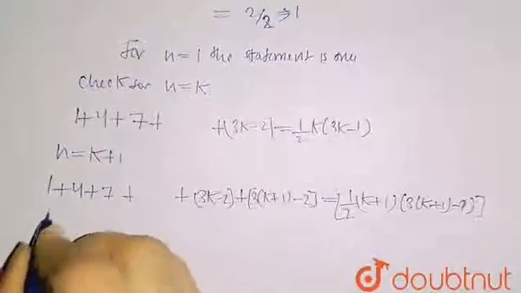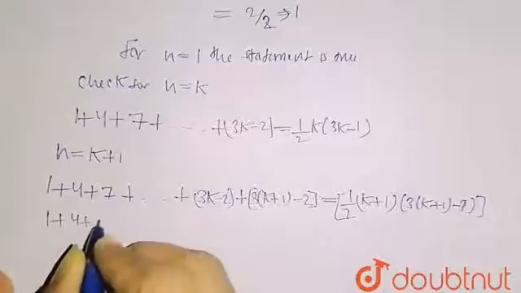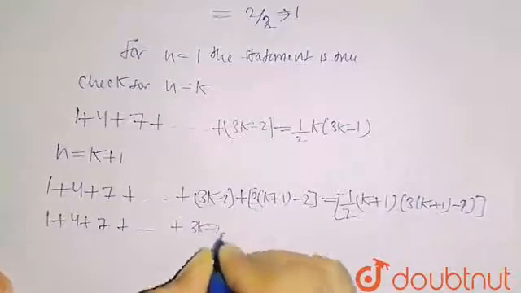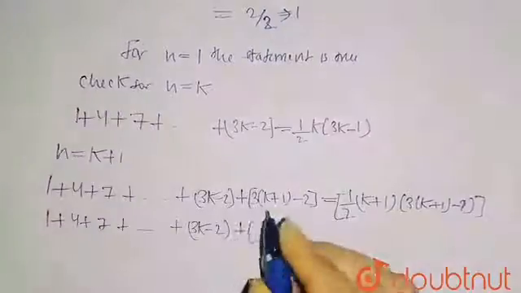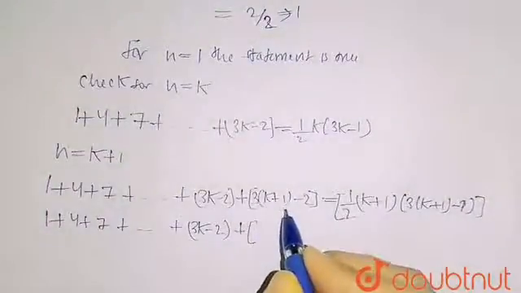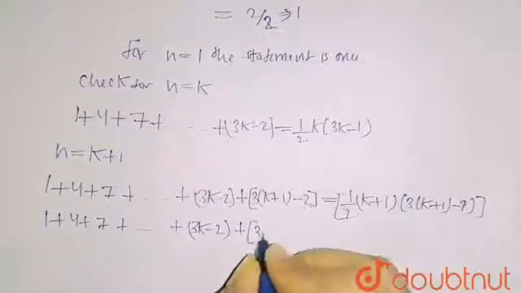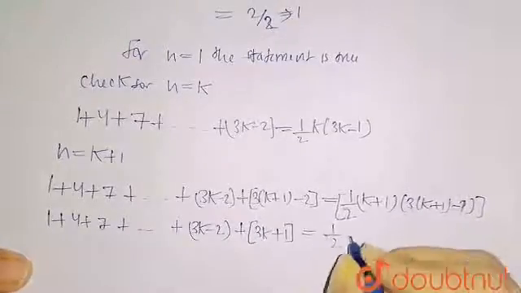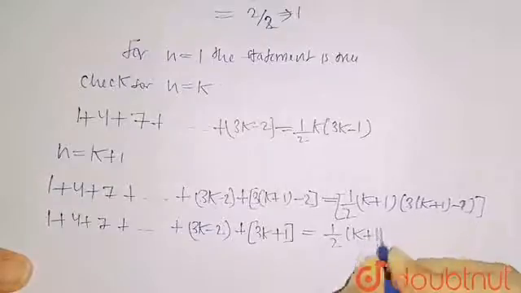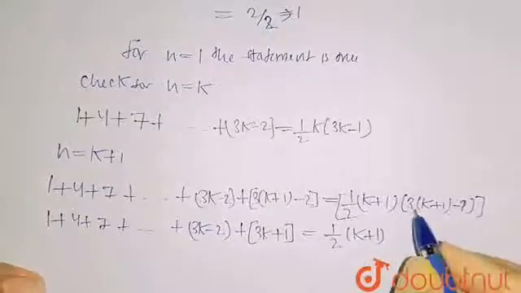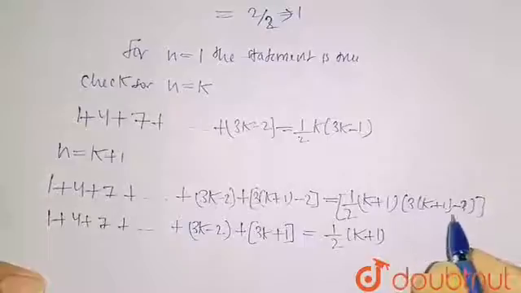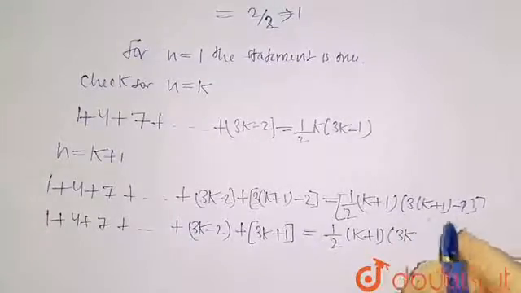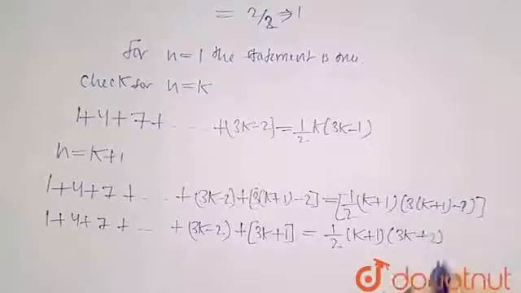So here what you will get? 1 plus 4 plus 7 and so on, 3k minus 2 plus. Here it will be plus 3k plus 3 minus 2. So I will get 3k plus 1 equals to 1 by 2 k plus 1, and from this I will get 3k plus 3 minus 1 it is. So I am getting 3k and plus 3 minus 1 will be plus 2.